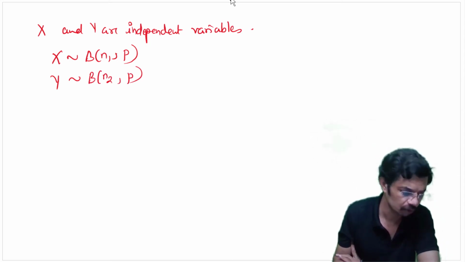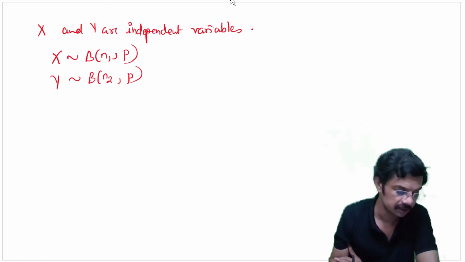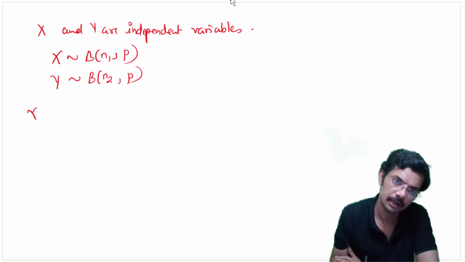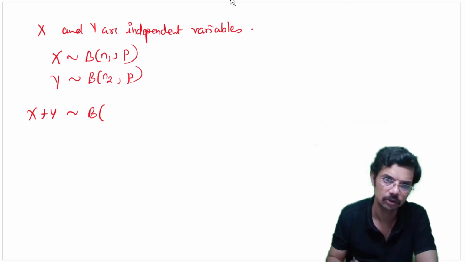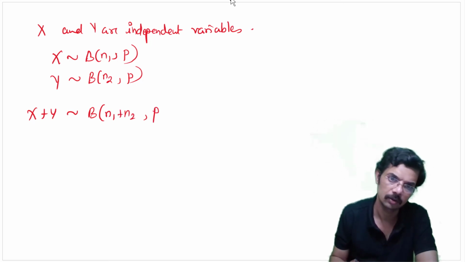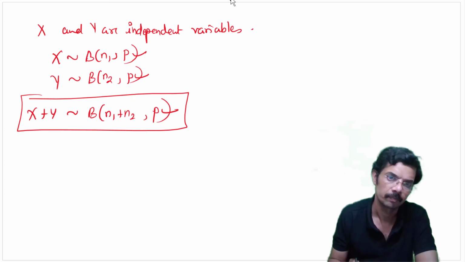Both have the same probability, but the number of trials are different. Then we can add the two independent variables, and x plus y will also have a binomial distribution, B(n1 plus n2, p). This is what we should know.